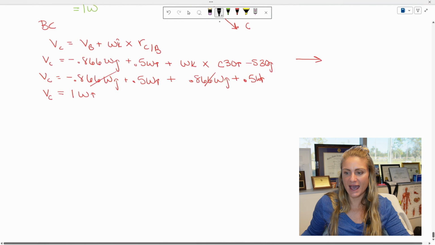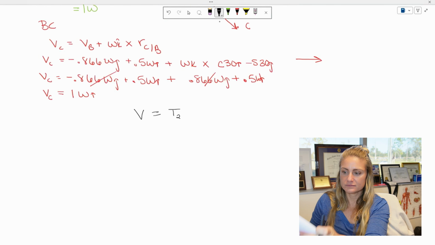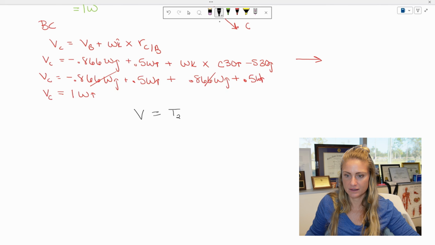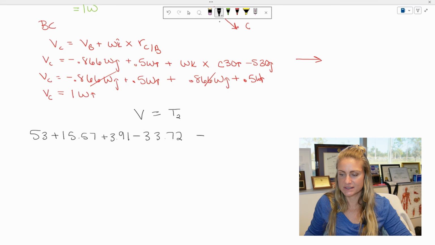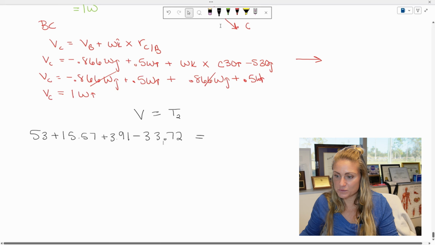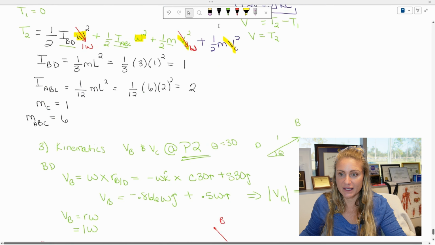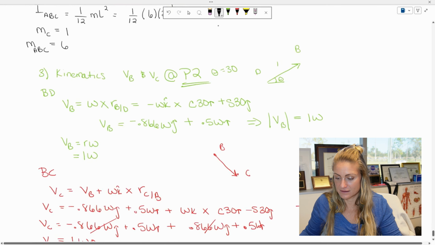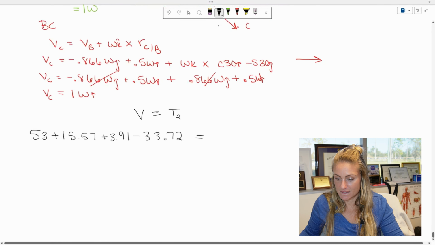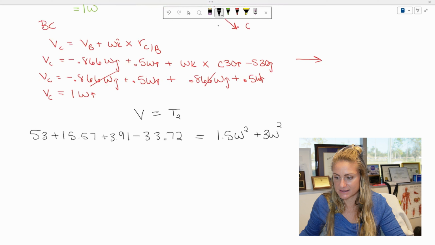So again, remember we had V equals T2. So our V, we said, was 53 plus 15.57 plus 3.91 minus 33.72 equals, okay, now on this one, if you plug in all of these numbers, you should get 1/2 omega squared plus 3 omega squared minus 1/2.